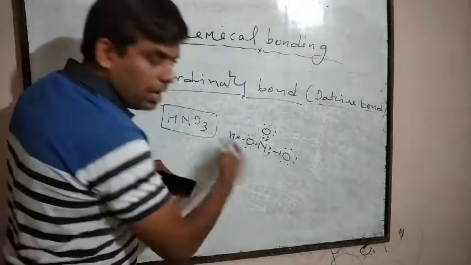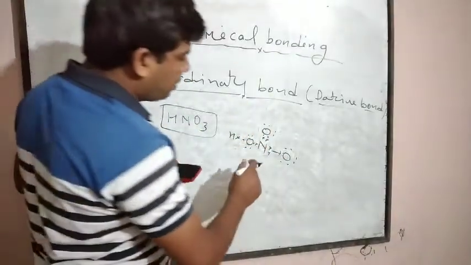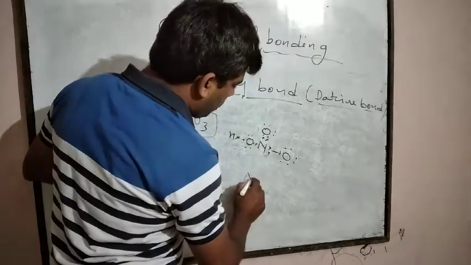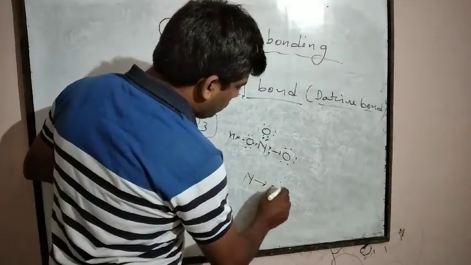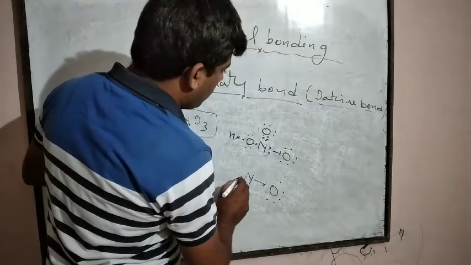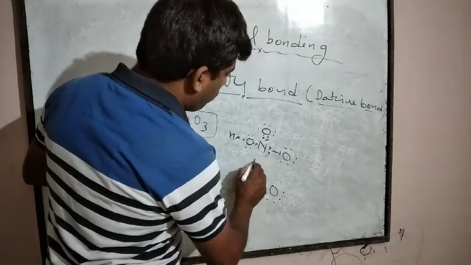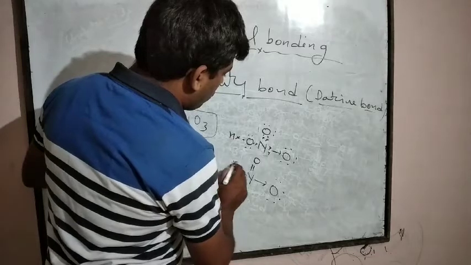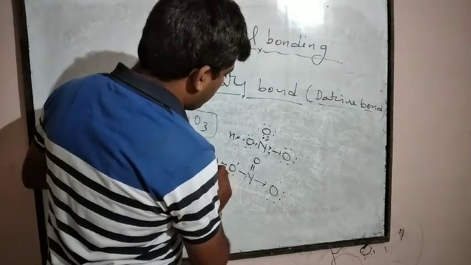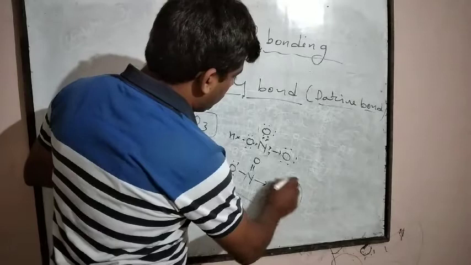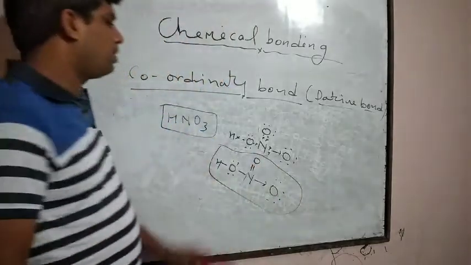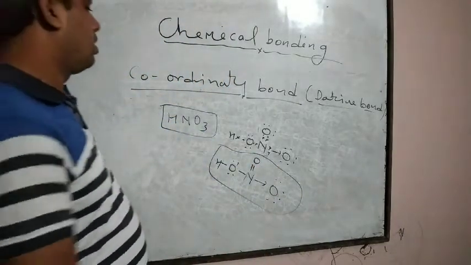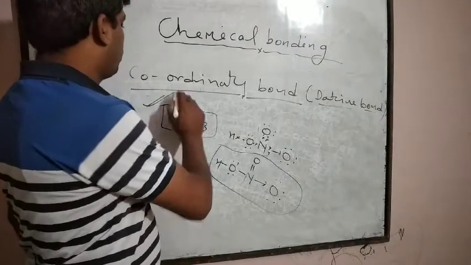So this is the Lewis dot structure, and in the structural formula there is a coordinate linkage, a double bond to O, a single bond to O, and a single bond to H. This is the structural formula of HNO3.